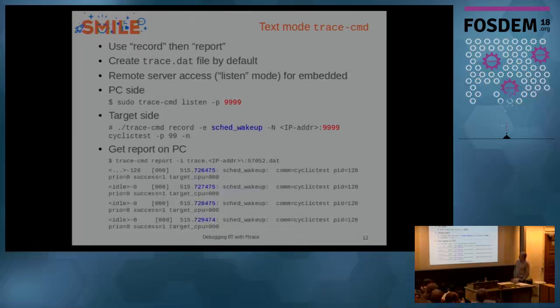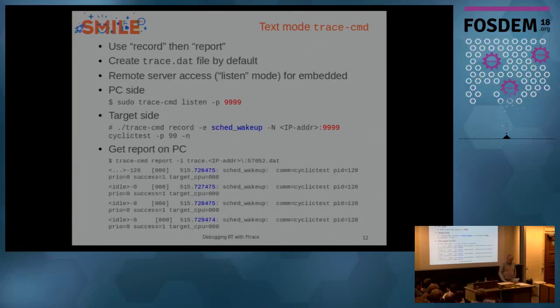So trace-cmd record -e sched_wakeup, and if you report on the PC, it's much better to do that on the PC, where the file is. You play the file, and you can check there is a 1 millisecond difference between each event.